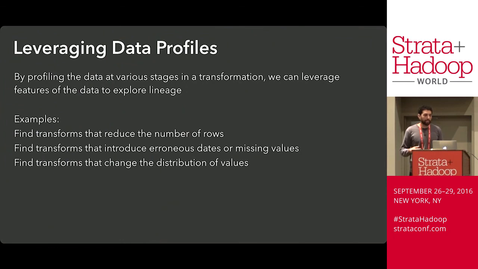So an obvious next step is to filter down this lineage view not only on attributes of the script, but on attributes of the data itself. Some examples: find transformations or dependencies that are reducing the number of rows in my output. Or you could find transformations that introduce erroneous date time fields, or where all of a sudden the number of missing values increases, or even more nuanced things like transformations that are dramatically changing the distribution of values in a column.